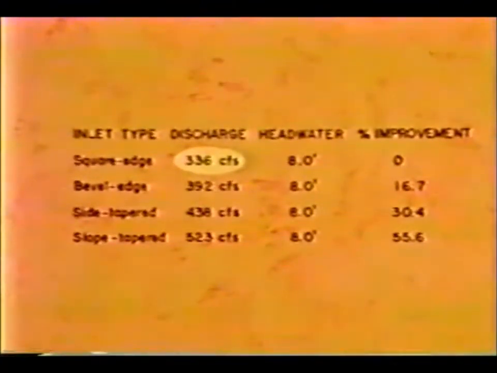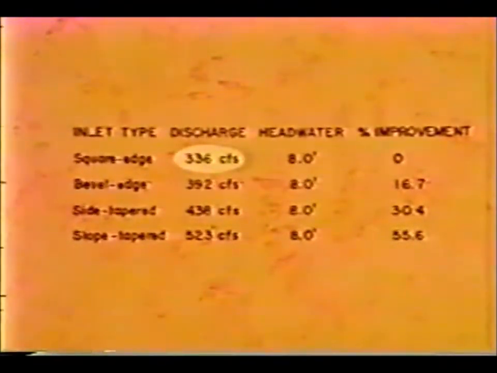Another way to look at this is to hold the headwater constant as you normally would in design and look at the capacity of the culvert. Using 8 feet as the headwater, the capacity can be increased from 336 CFS for a square-edged inlet to 523 CFS for the slope-tapered inlet. This is an increase of more than 55% in the capacity of the culvert by using the improved slope-tapered inlet.